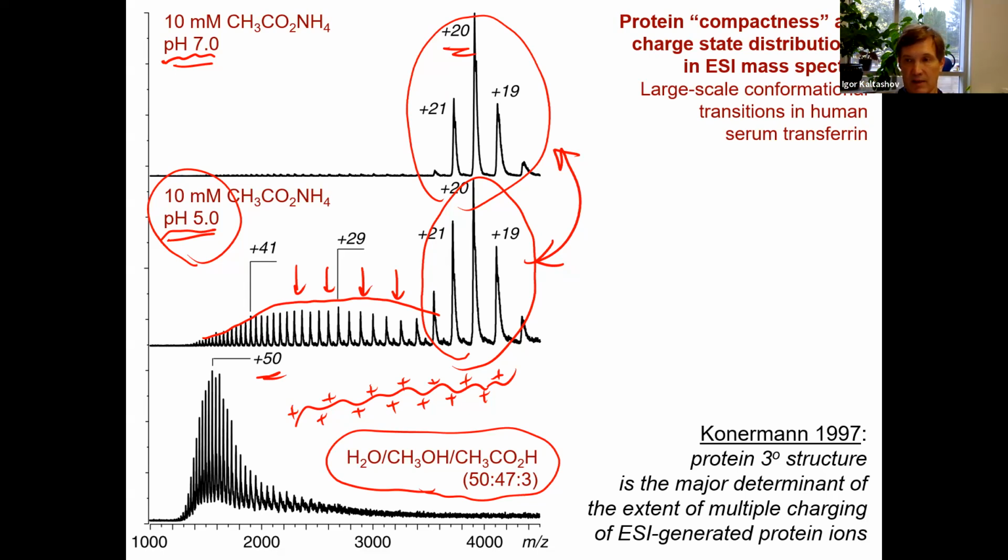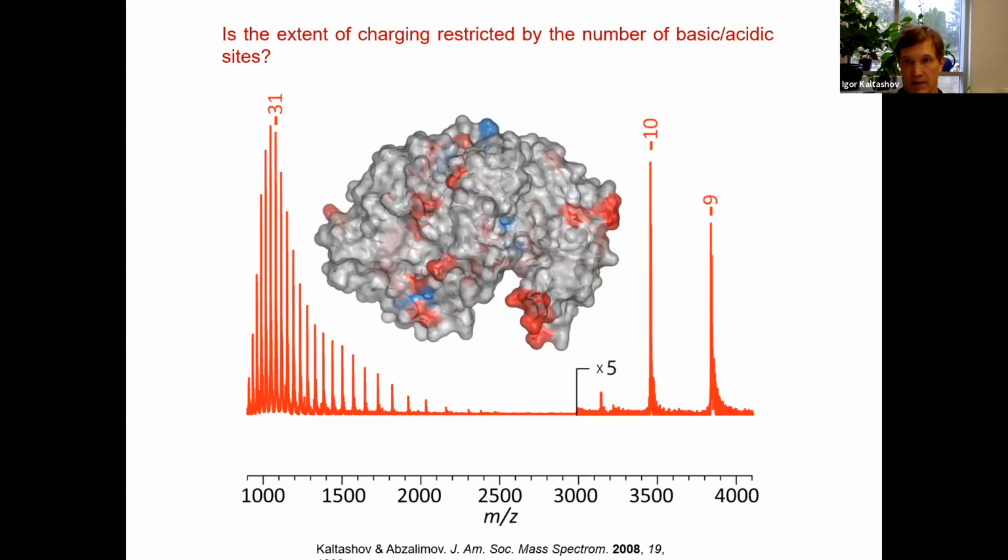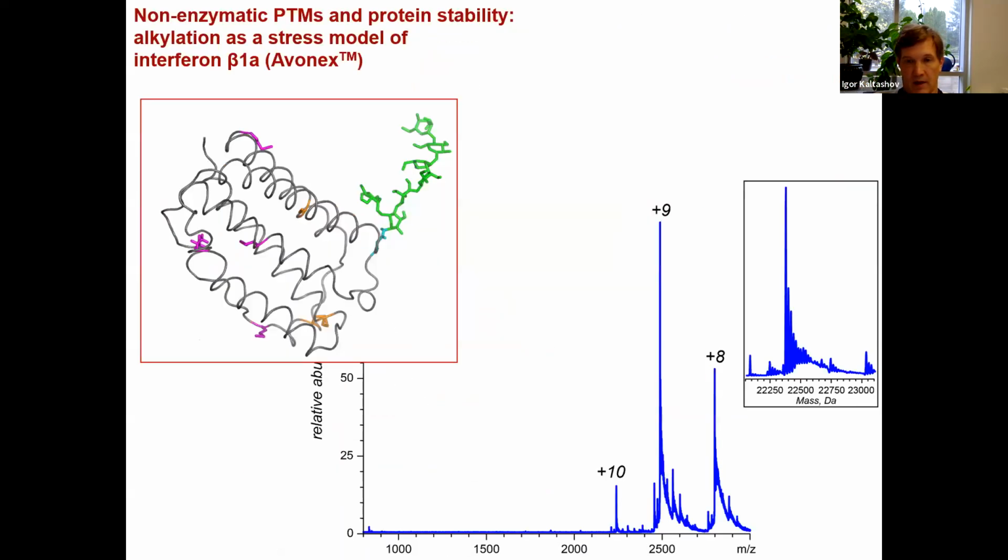protein dynamic events. All right, I think I should skip my next slide and go to an example of how this is used in the biopharmaceutical industry. So in the previous slide, in the case of transferrin, we induced protein unfolding ourselves by changing the protein environment, right?